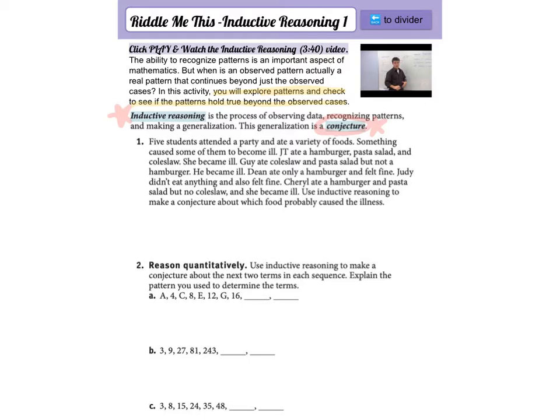5 students attended a party and ate a variety of foods. Something caused some of them to become ill. JT ate a hamburger, pasta salad, and coleslaw. She became ill. So that's the first clue: the hamburger or pasta salad or coleslaw, one of the foods made her sick.